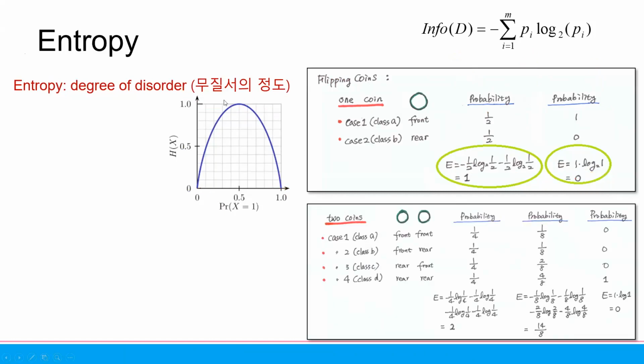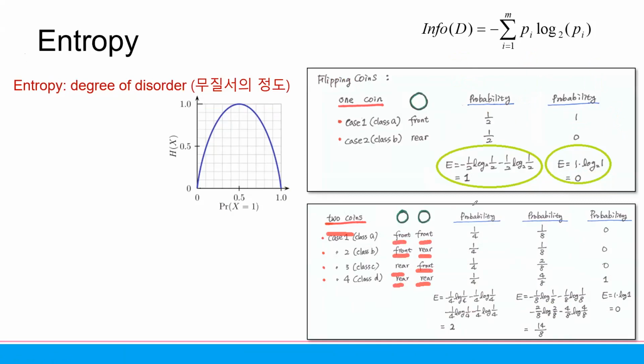So let's say with the other example, if I have 2 coins, then there is a possibility front and front, front and rear, rear and front, rear and rear.